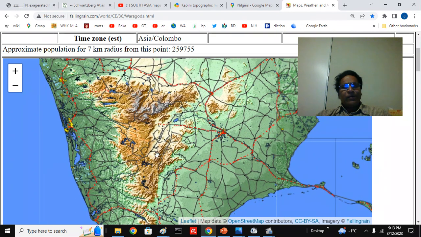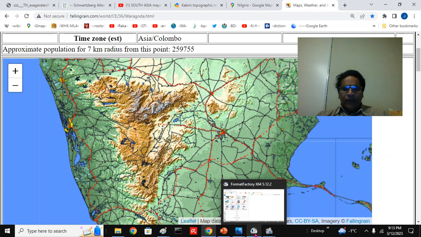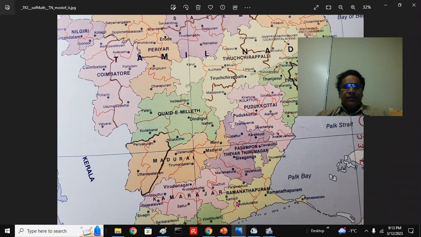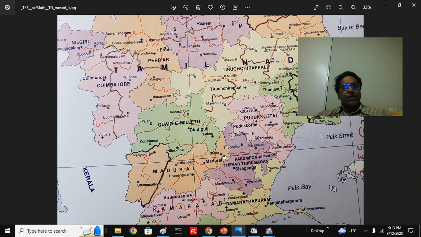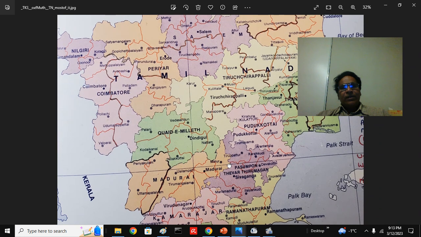That is about the fascinating Madurai or Dindigal Madurai Theni Uplands. You can see we are talking about, where are we? Madurai. Where is Madurai?